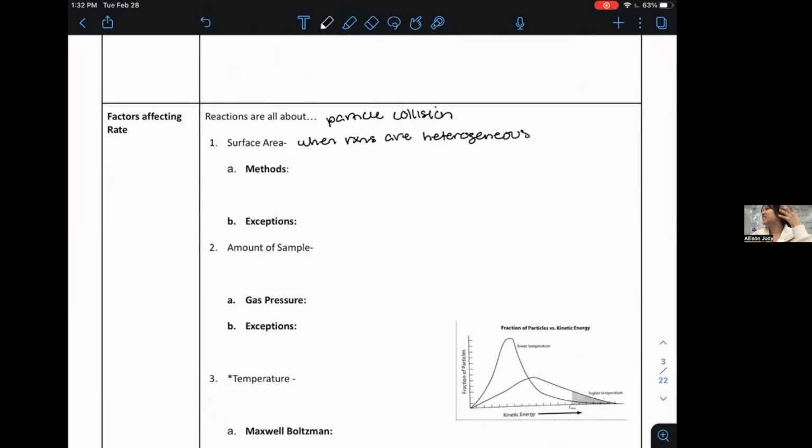When they're heterogeneous, that means a solid with a liquid. That's particularly the best example. We see that if you increase surface area, you will increase the rate of the reaction. You just have more space.